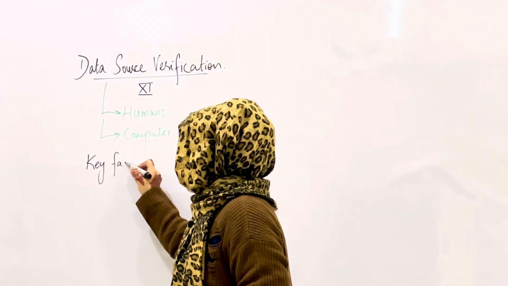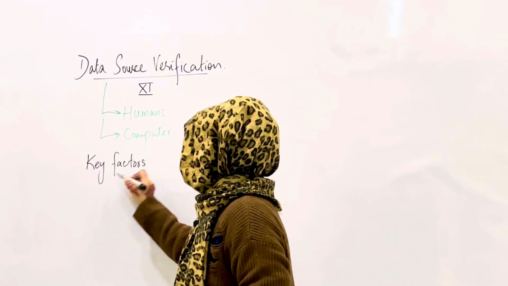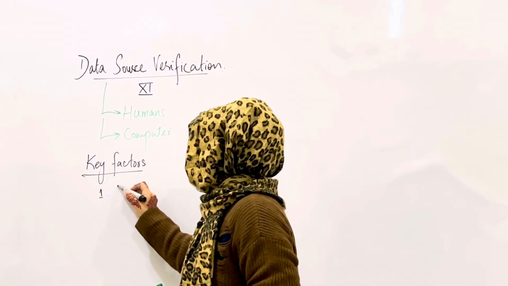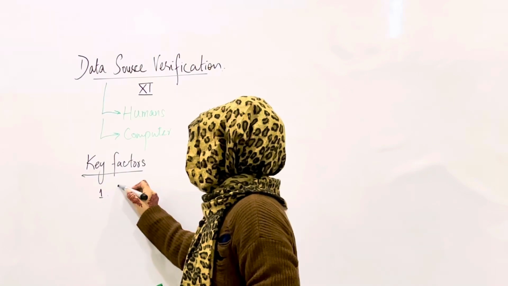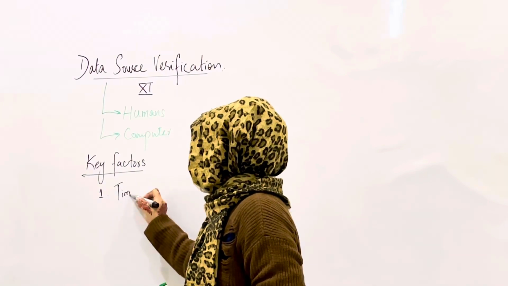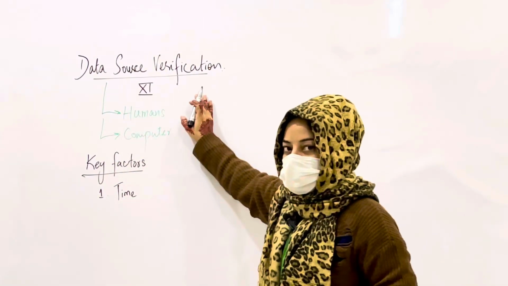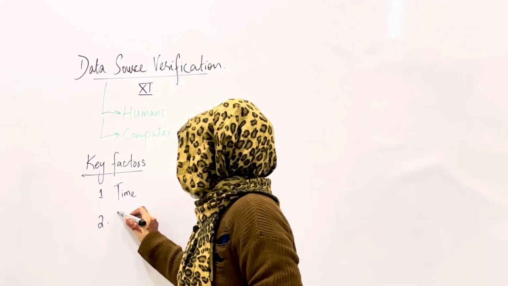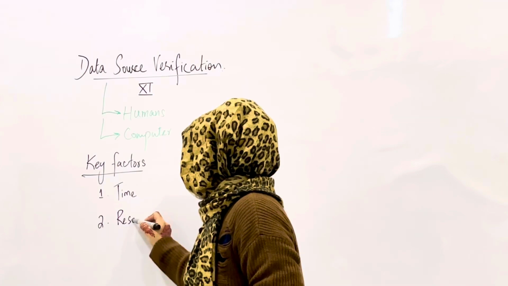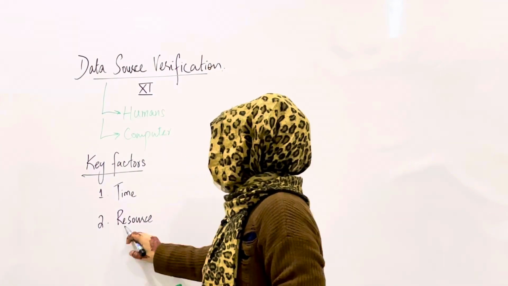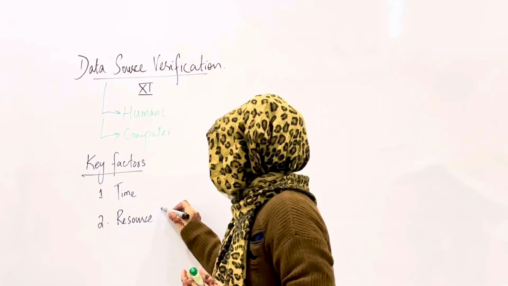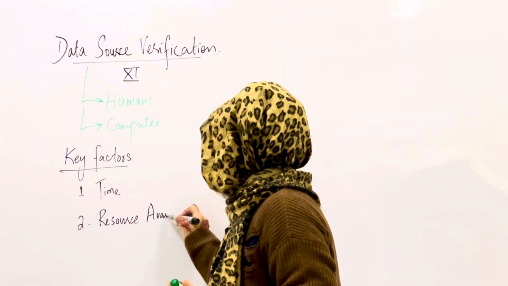These key factors are: number one is your time. How much time we need for verifying the data depends upon the time. Number two, resource availability, from where we are receiving the data. What are the actual resources?